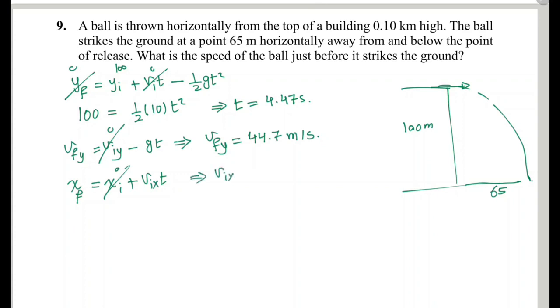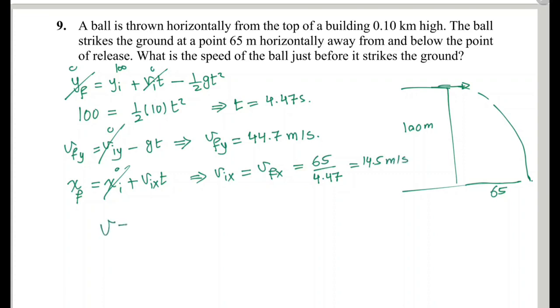So the initial x velocity equals the final x velocity, because acceleration on x is equal to 0, so velocity is constant, so it's equal to 65 divided by 4.47, or 14.5 meters per second.